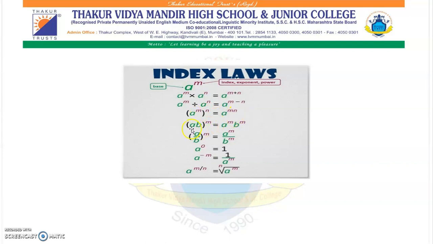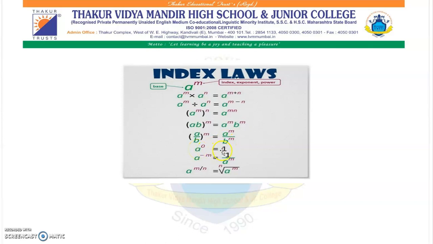ab raised to the power m, when we remove the bracket, we get a raised to m, b raised to m. Next, a upon b raised to the power m. Again we are removing the bracket, we get the powers on numerator as well as on denominator: a raised to m upon b raised to m.